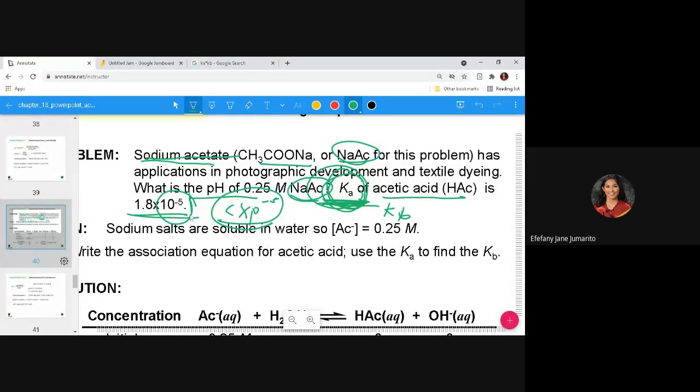And you can confirm using the percent dissociation, which is the concentration of your acid, for example HA, that dissociated, over your HA initial.